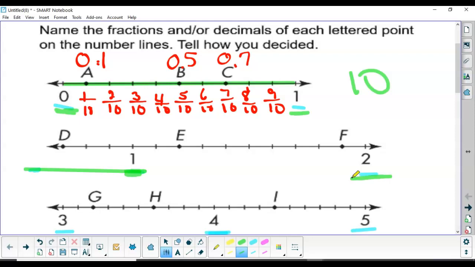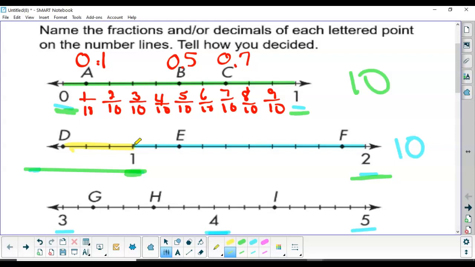So I'm going to count my spaces and see what my denominator is going to be. 1, 2, 3, 4, 5, 6, 7, 8, 9, 10. So our denominator again is 10. That means my denominator is also going to be 10 for these pieces because a number line is consistent throughout.